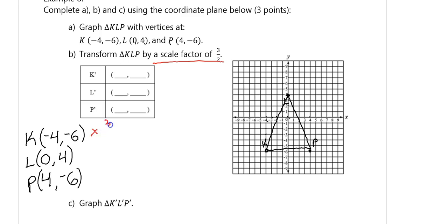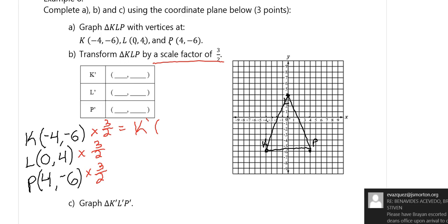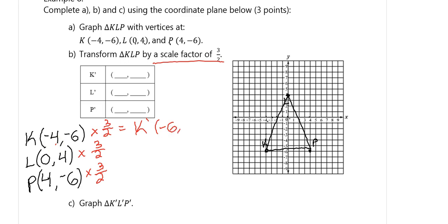So I'm going to multiply by 3 halves, multiply by 3 halves, multiply by 3 halves. I get K prime, negative 4 times 3 halves. Again, you can always use a calculator, so don't be afraid to just type it in the calculator. Negative 4 times 3 halves is negative 6. Negative 6 times 3 halves is negative 9.